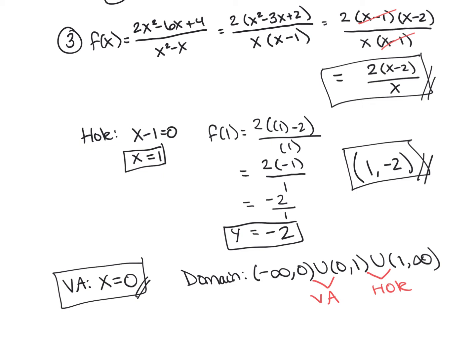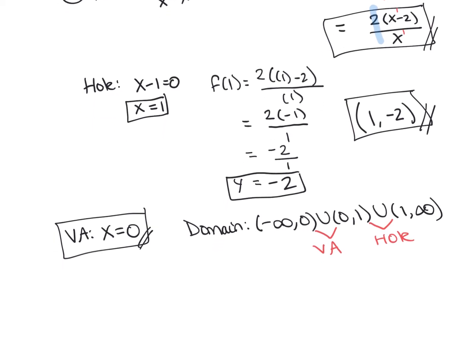So now, let's look at the horizontal asymptote. Remember, for our horizontal asymptote, we're going to look at the degree of the numerator and the degree of the denominator. In this case, the degree of my numerator is 1, and the degree of my denominator is 1. If the degrees are the same, I'm going to look at the ratio of the leading coefficients, and that's going to be 2 over 1, or just 2.